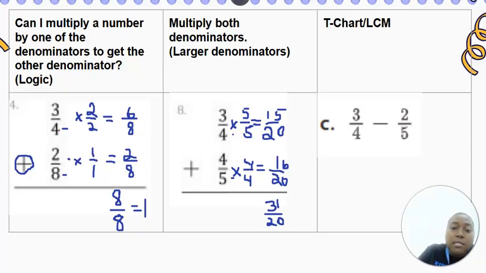If you don't see this answer choice, understand that it might be a mixed number answer choice. So I know that 20 over 20 equals 1 whole, right? And how many left from 20? 31 minus 20 will give me 11 over 20.